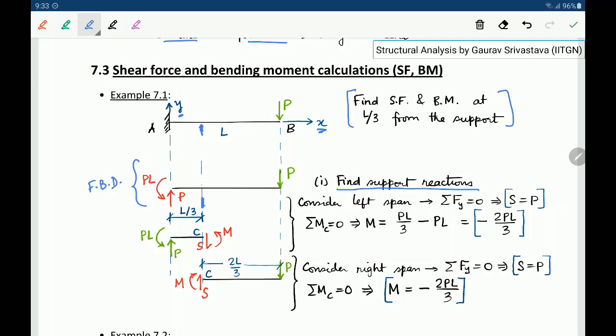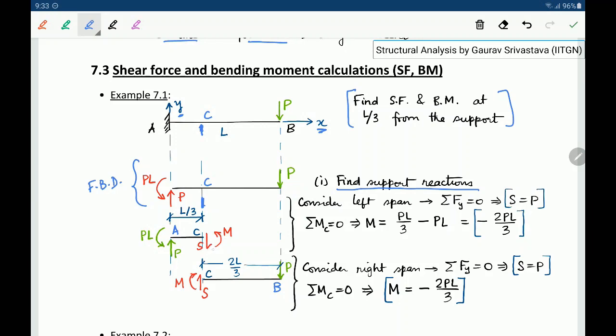And the shear force and bending moment we can calculate either by considering the left span or the right span. So let's say we call this point C. We can either consider AC or we can consider CB. Okay. Now if we consider AC, we will consider this as being cut on the right side.